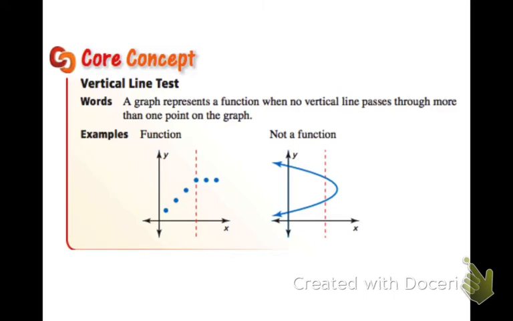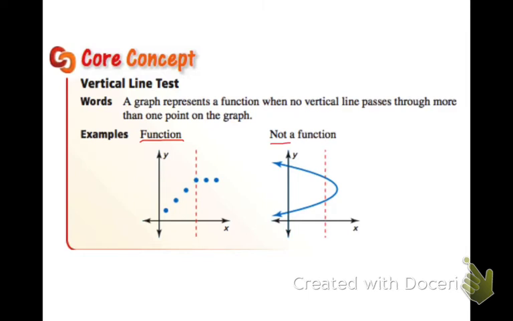So it says a graph represents a function when no vertical line passes through more than 1 point of the graph. So this first one is a function because if we were able to move this red dashed line left or right, it would only be touching 1 point at a time.